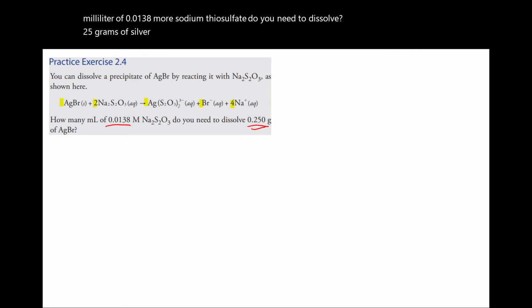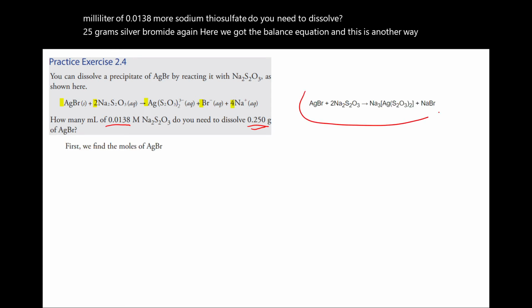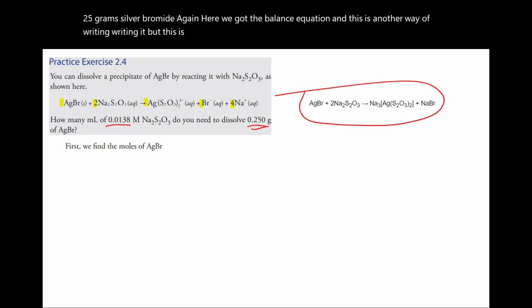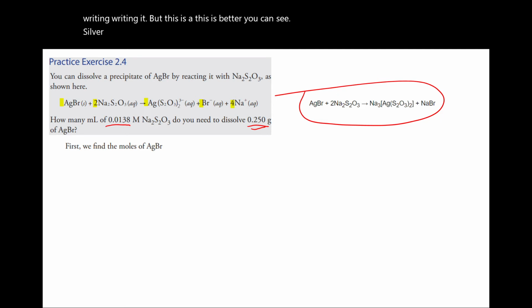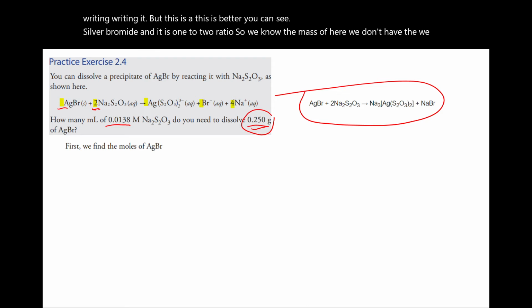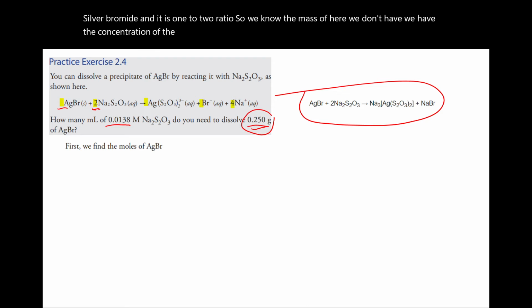Here we have the balanced equation. This is another way of writing it, but this is better. You can see silver bromide, and it is a 1 to 2 ratio. We know the mass here. We have the concentration of sodium thiosulfate, but we don't have the volume, so we cannot convert it to moles.